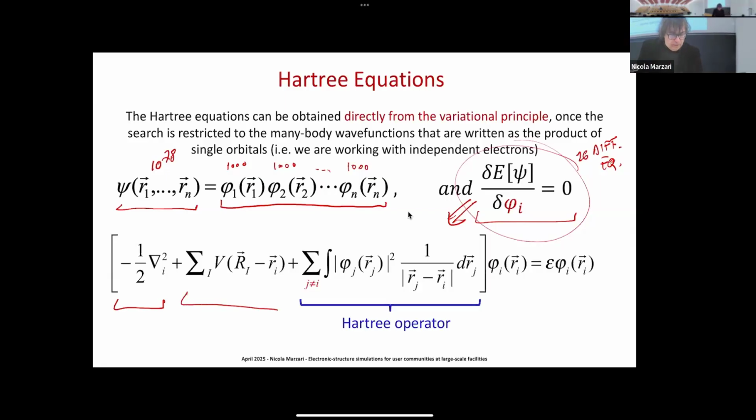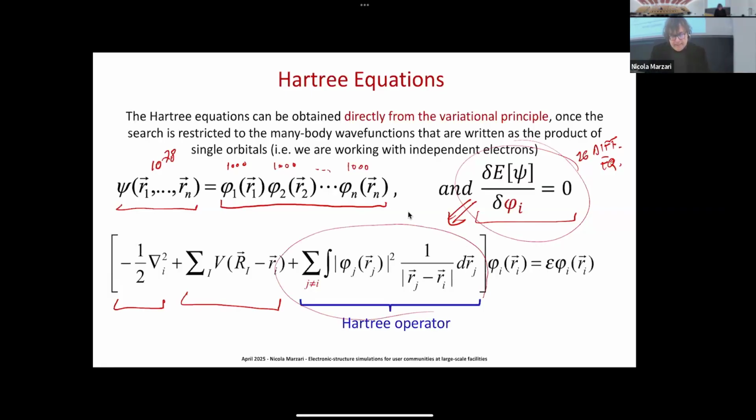For each electron you have an attraction to the nuclei. Capital R is the position of the nuclei. If we have only, say, an iron nucleus in position 0, that R_i is 0, so just the Coulombic attraction to the nucleus.